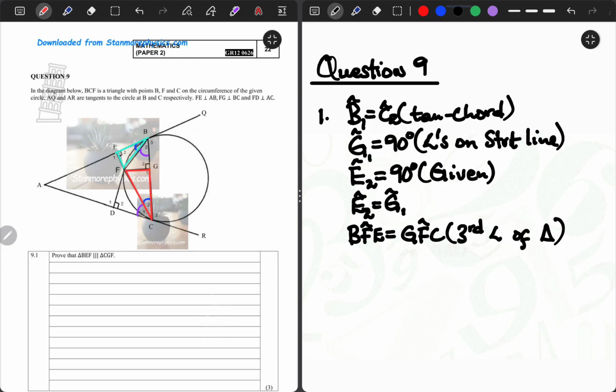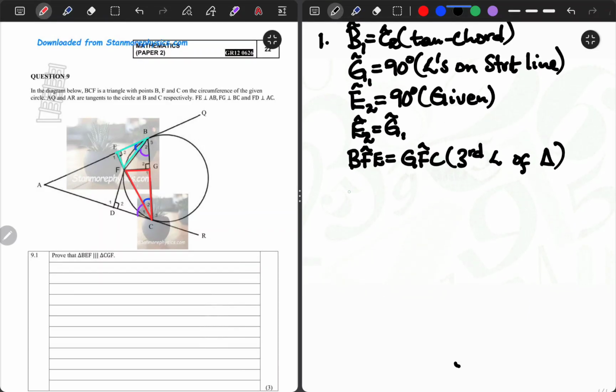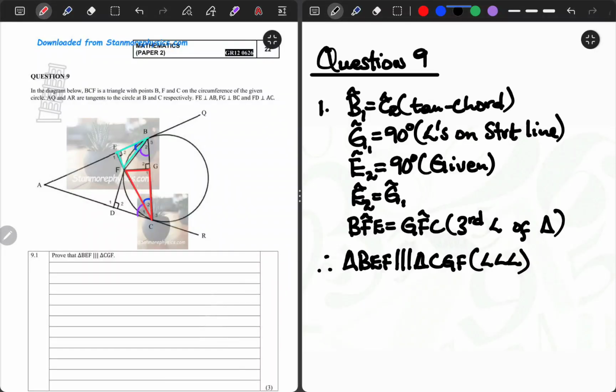Okay, so with this I can now write that triangle BEF is similar to triangle CGF because of angles. Okay, that's what I can do. All right, that's for 3 marks. We're done.